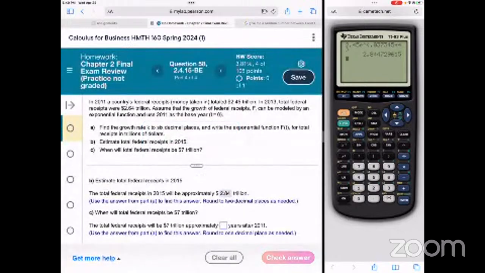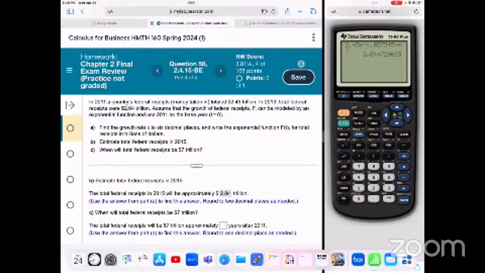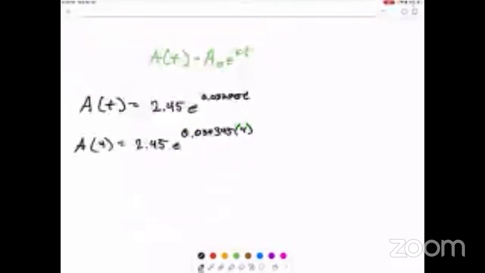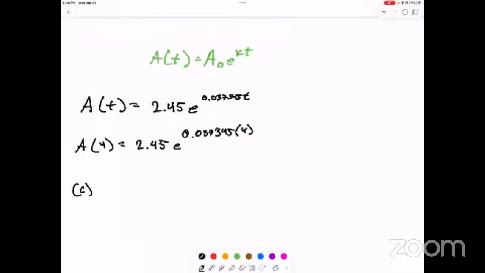When will the receipts be 7 trillion? So now they're asking us to take our model, set it equal to 7, and then solve for T. So I guess this is question part C. We're going to say 2.45 times E to the 0.037345 times T. We want to set all of that equal to 7 and solve.